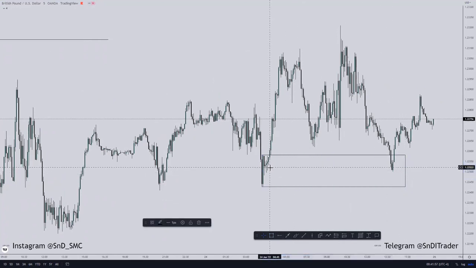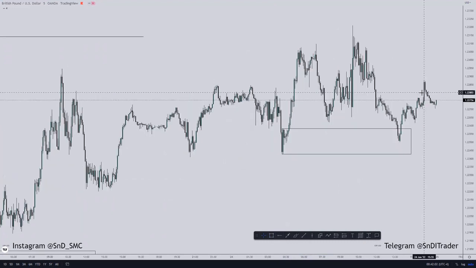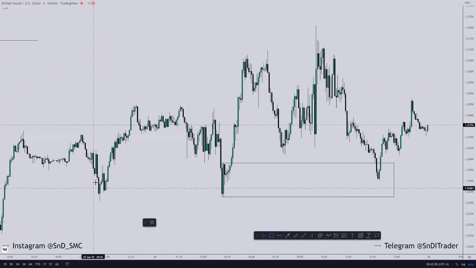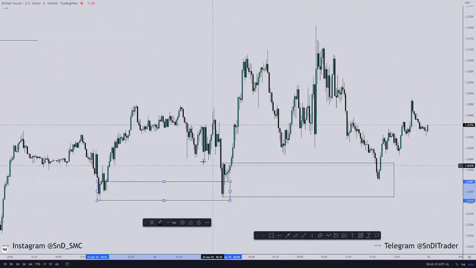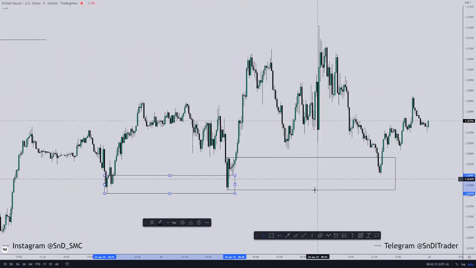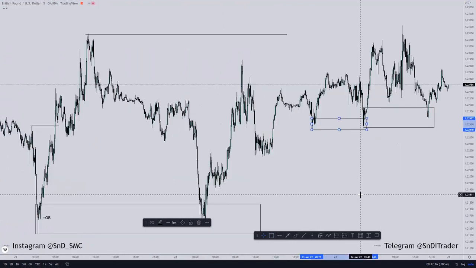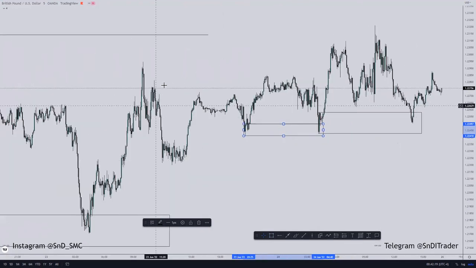Price came back and mitigated this bullish order block and went upside. So that is how these things work. And the same thing again here. This was a bearish order block. Price mitigated this order block and tapped down towards the downside. So that is how these things work.